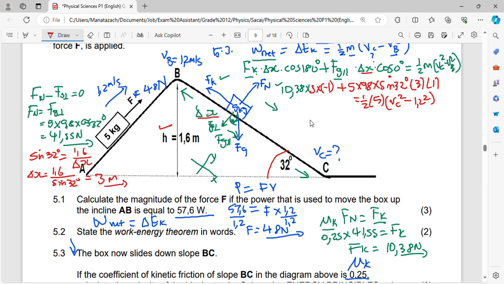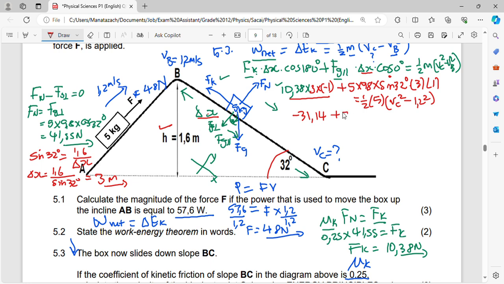That will give me minus 31.14 plus, that would be coming from here, and then plus all of that 5 times 9.8 times sin 32 degrees times 3 times 1.